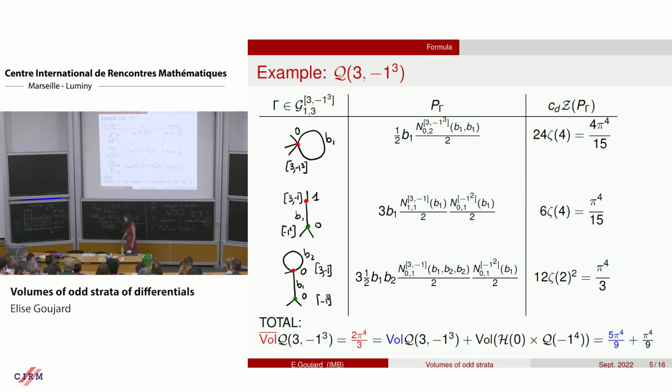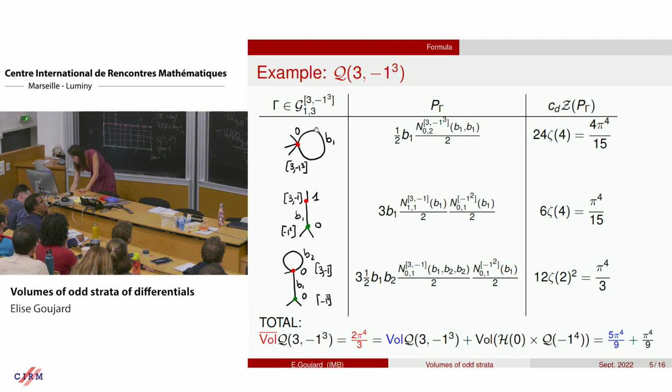And to each such stable graph, what I do is, first of all, I put a label on the edge. So here it's B1, here it's B1, here it's B1, B2. Then to each vertex, I associate the corresponding polynomial where I replace the variables by the labels that appear in the edges. So here I see the label B1 and here again B1.